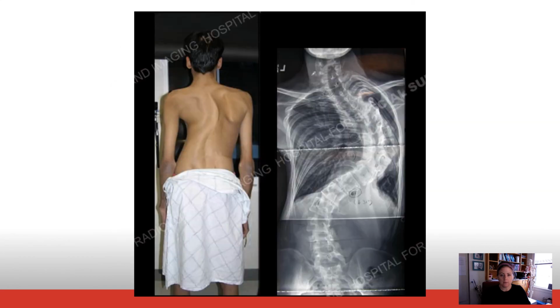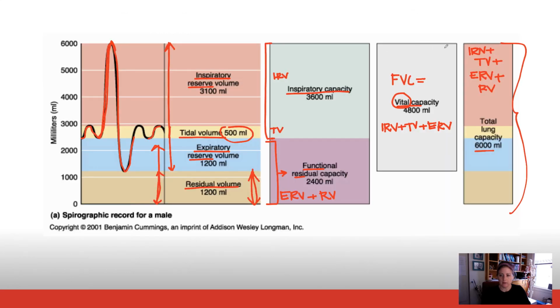So if we look back at this picture here, instead of a total lung capacity of 6,000 mLs, with a restrictive lung disease maybe we've shortened it up, and now we're down to something like 4,000 milliliters of total lung capacity.